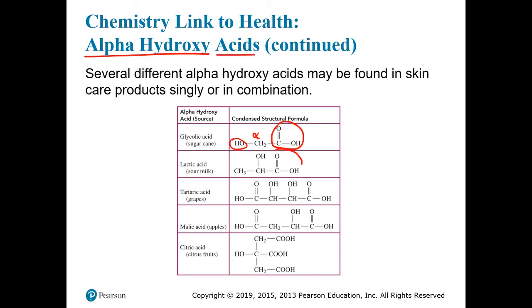Here you can see again a carboxylic acid. This would be the alpha carbon, and you have an OH group attached to it. Here you have a carboxylic acid on this side, as well as one on this side. Each of these has a carbon next to it, a carbon that is alpha to it, and each of those alpha carbons has a hydroxyl group on it. Here we see only one of the alpha carbons has a hydroxyl group, but it still fits the naming system.